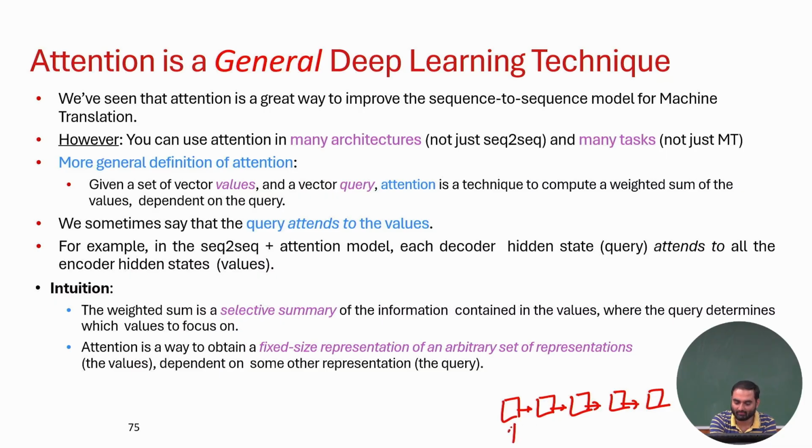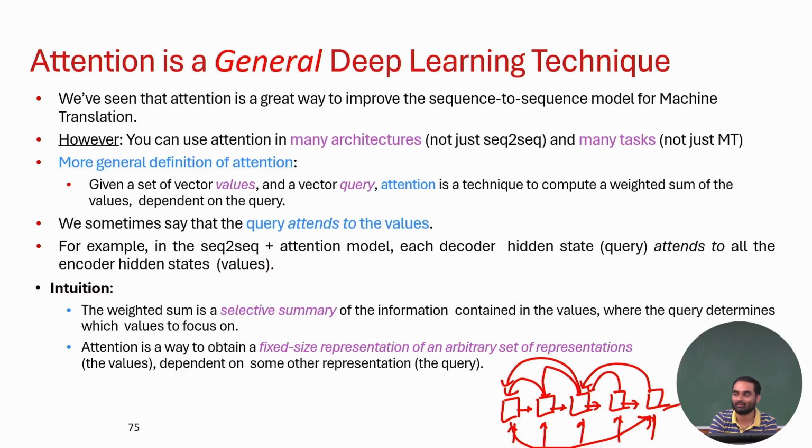So here also you can say that, okay, this one can attend to this. This can attend to this and this. This can attend to this and this. In fact, this can also attend to this. Can it? Can this one attend to this one?